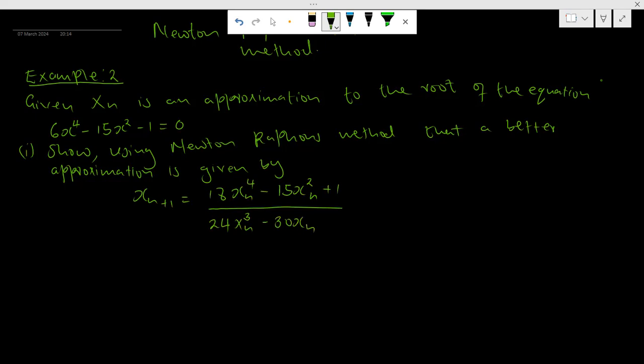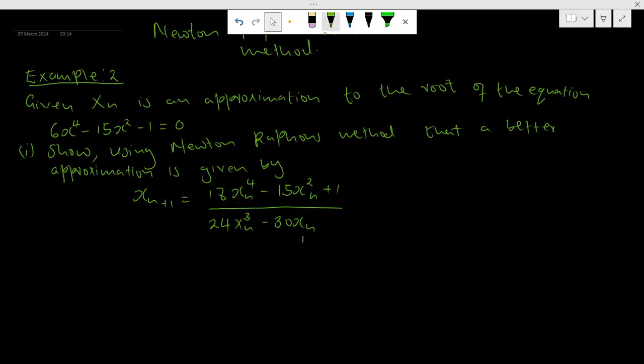Now, this question wants us to use this function, which is of the form f of x is equal to 0, to show that the better approximation will be obtained as xn plus 1 equal to 18 xn raised to power 4 minus 15 xn squared plus 1, all over 24 xn cubic minus 30 xn.